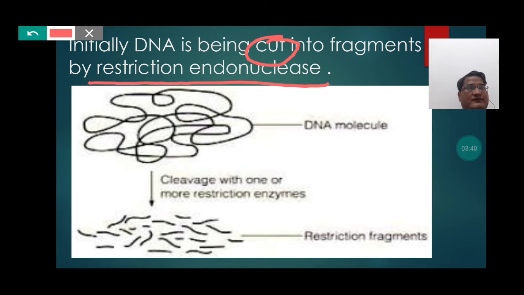So students, restriction endonuclease is also of three types: type 1, type 2 and type 3.